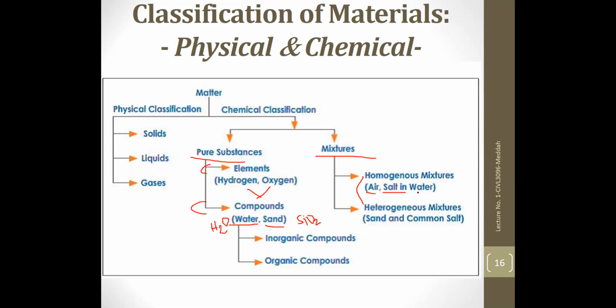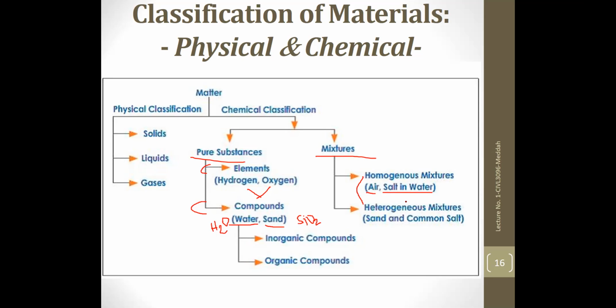Also, if you put salt in water, or even sugar in water, of course salt will be dissolved in water. So it is a mixture of salt plus water, NaCl plus H2O, but it is a homogeneous mixture because you cannot distinguish between the salt and the water once it is dissolved in the water.